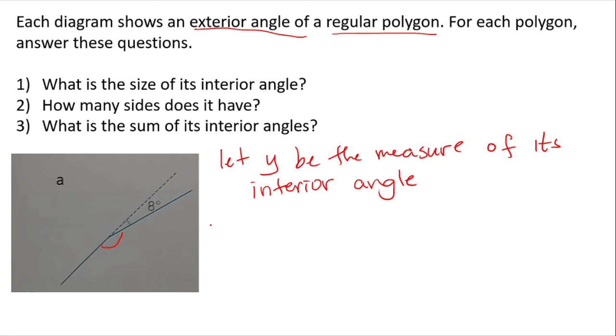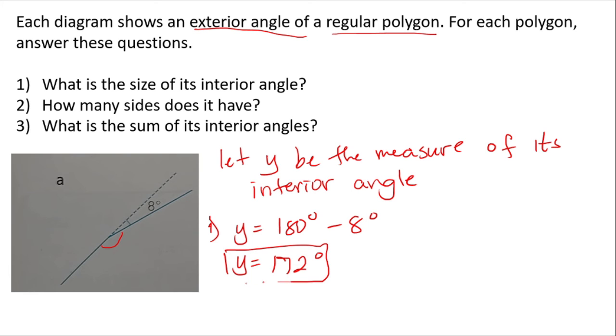Okay, so number 1. So y is equal to 180 degrees minus 8 degrees. So y is equal to 172 degrees. Okay. So yan ang measure ng ating interior angles.